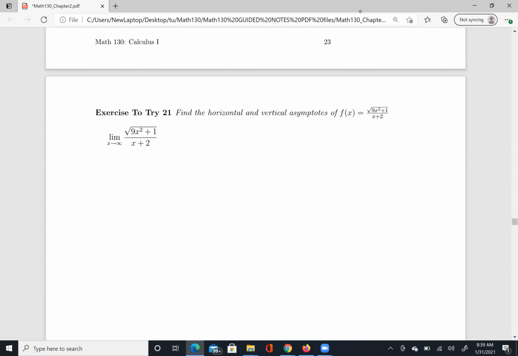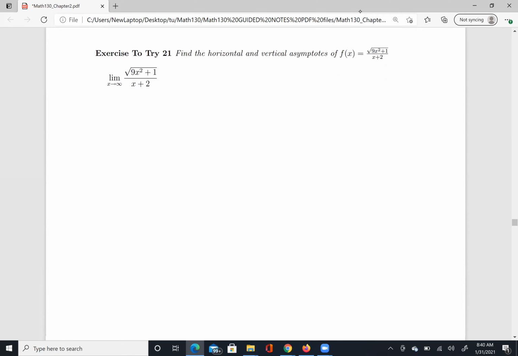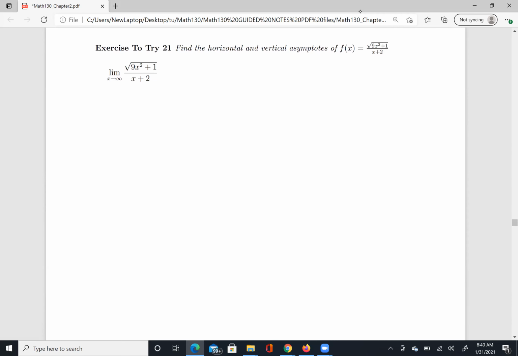Down here, we also have some exercises for you to try. Let me give you the answer key. The vertical asymptotes first will be x equals 2 and x equals negative 2.